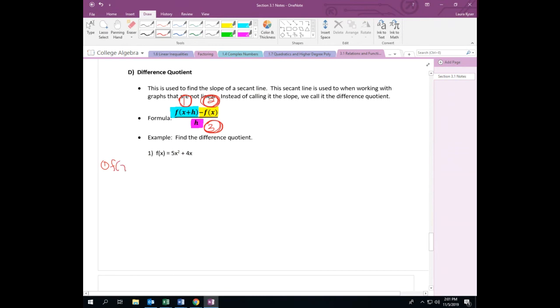So f of x plus h gives me 5 times x plus h squared plus 4 times x plus h. Order of operations says exponents first, so I'm going to FOIL this out. X plus h times itself.